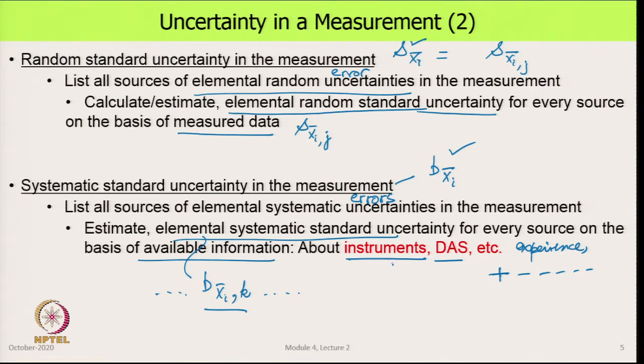So, in another lecture, we will look at these things and say what are the reasons why these contribute to systematic uncertainty. But the point is that if we can get all these done, then this can give us this, and then from the previous slide formula, we can get U x i bar, the standard uncertainty in the measurement.